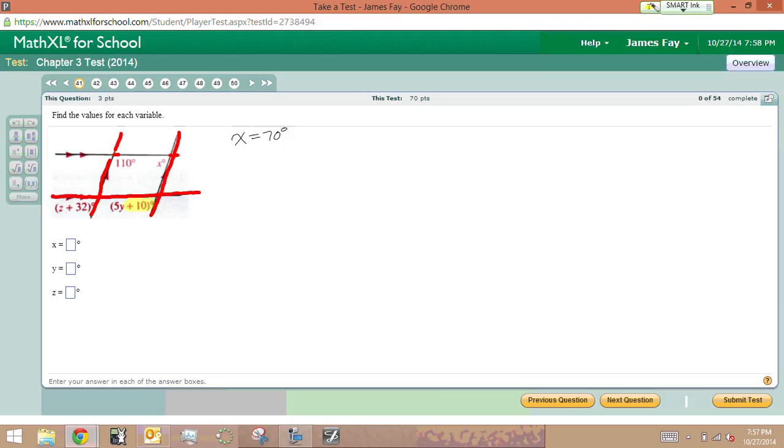That angle there and that angle there are, not complementary, I'm sorry, corresponding. They're corresponding, so they should be congruent. So say z plus 32 is equal to 5y plus 10. Now that equation has two variables in it, so I can't solve it right away, but I'm not going to erase it. I'm going to leave it because I might need it later.